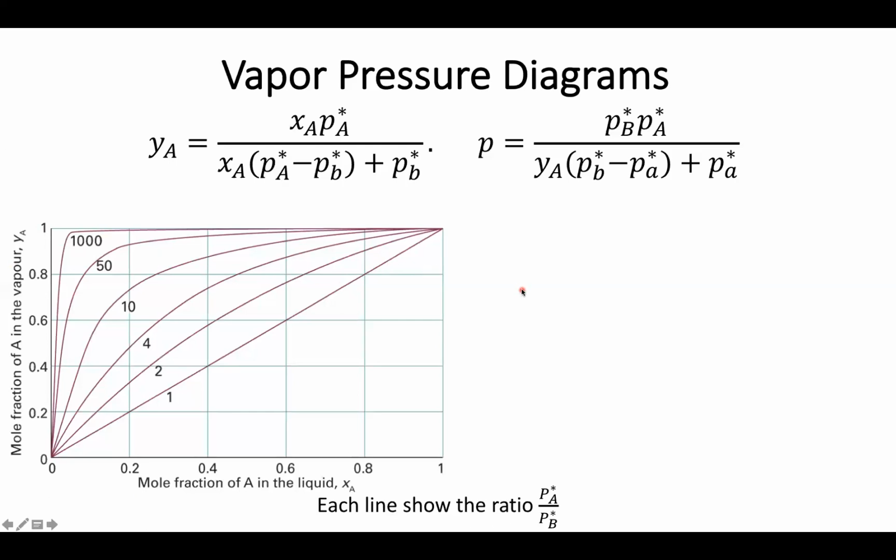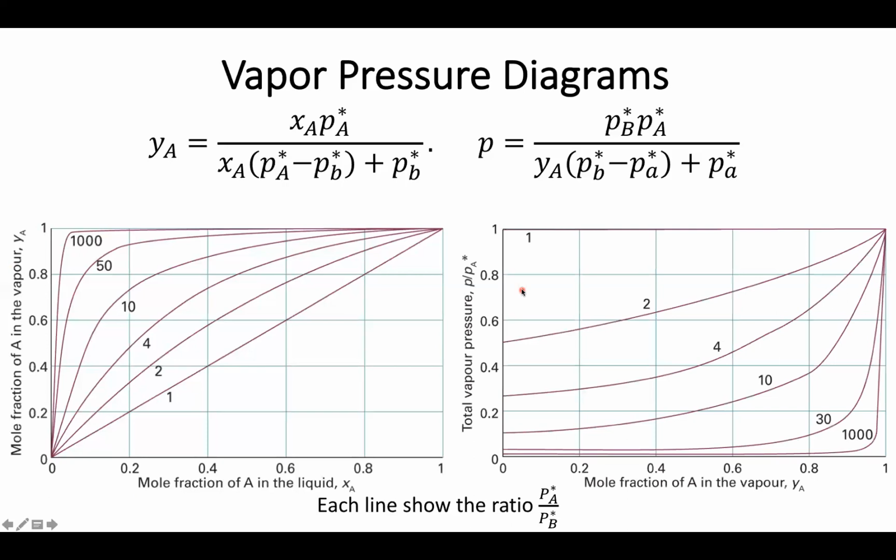However, this also has some interesting implications for the total pressure of the system. So as A becomes more volatile, what we find is that as I decrease the mole fraction of A, what I'm going to find is that the total vapor pressure is going to quickly drop.